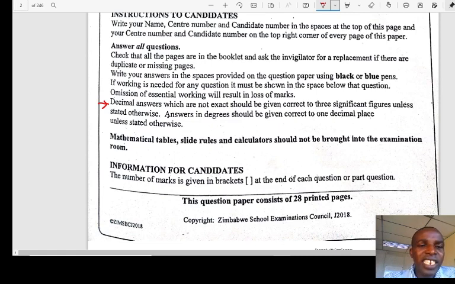Answers in degrees should be given correct to 1 decimal place unless stated otherwise. The other most important note is this one. Omission of essential working will result in loss of marks, which means proper working, no shortcuts, please, step by step.